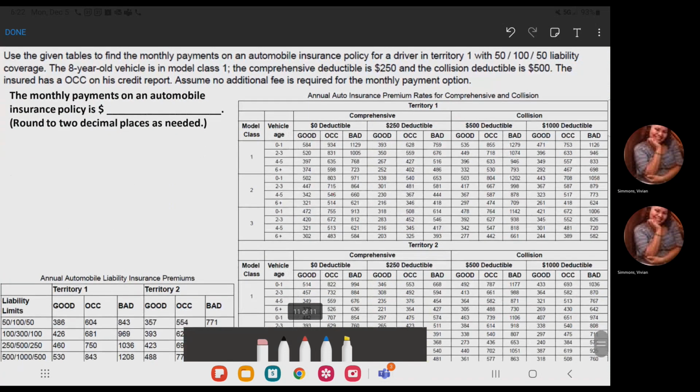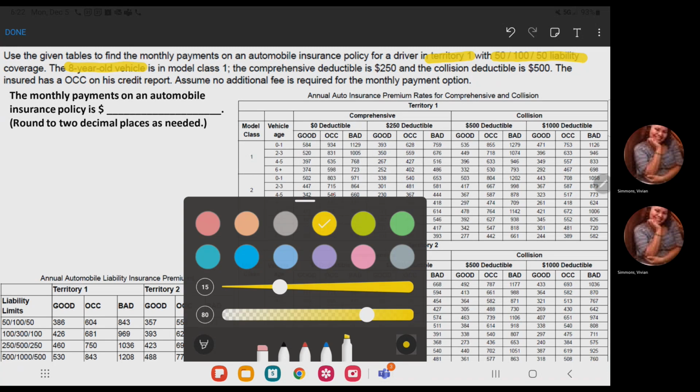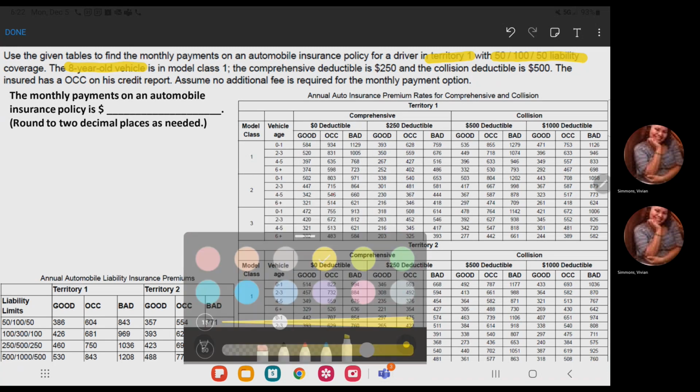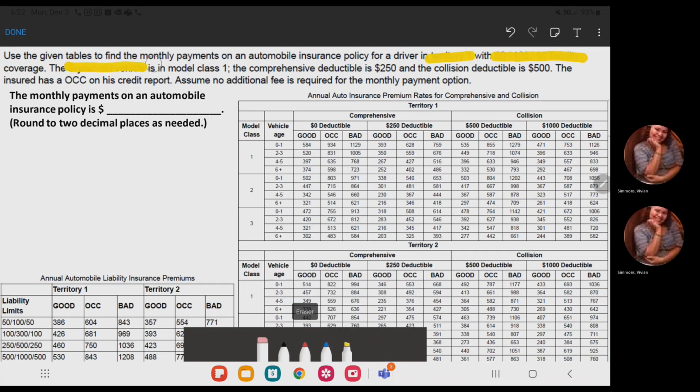And our final one. So important things. You have a Territory 1, 150 liability. The car is 8 years old. And the model class, actually, I'm going to separate this a little bit here.